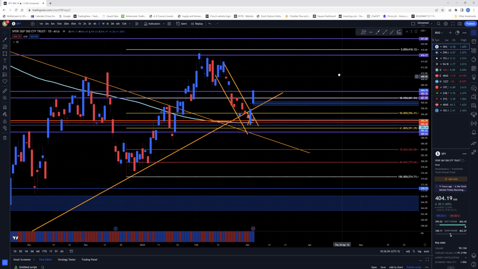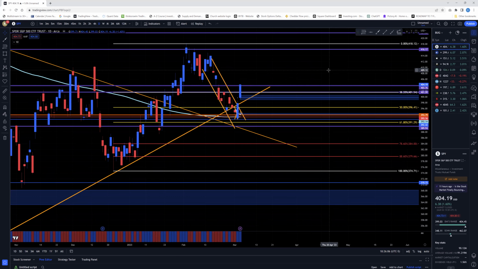But I'm still projecting that the market is going to continue to fall by March 17th. So we still have about 10 days, about 5 or 6 trading days, before that actually happens.